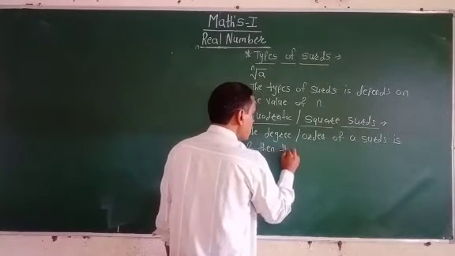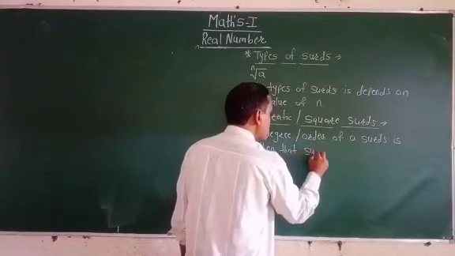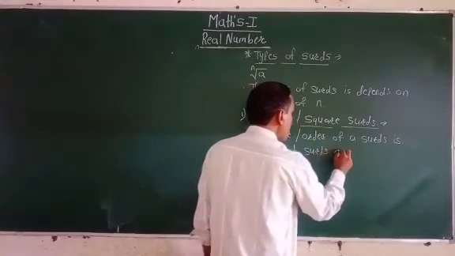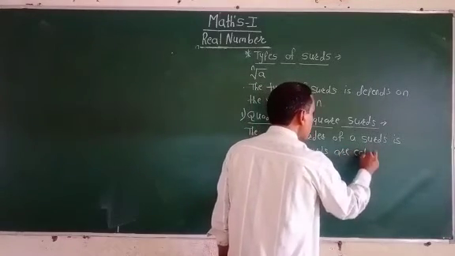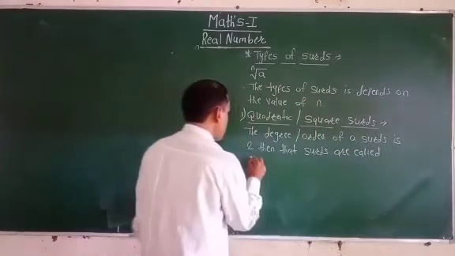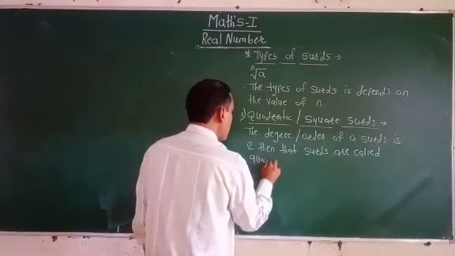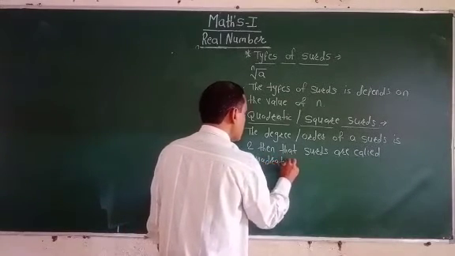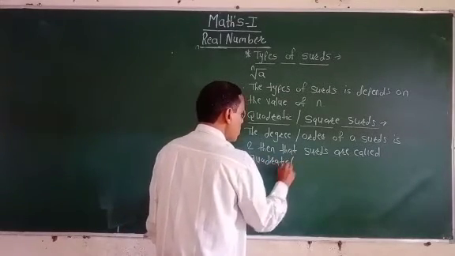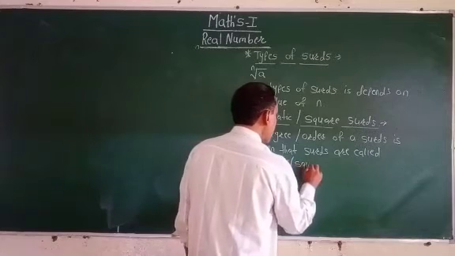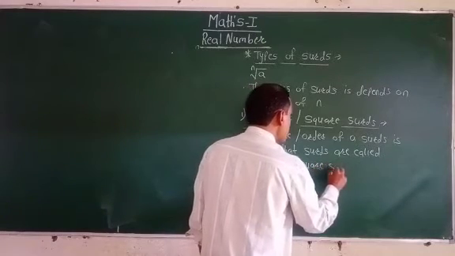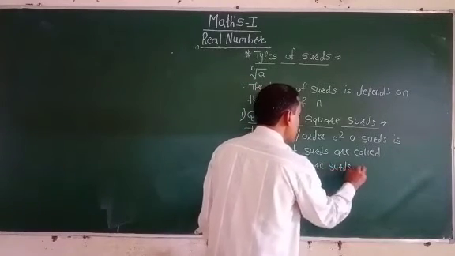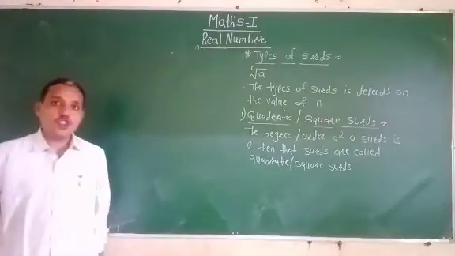Then that surd is called quadratic or square surds.